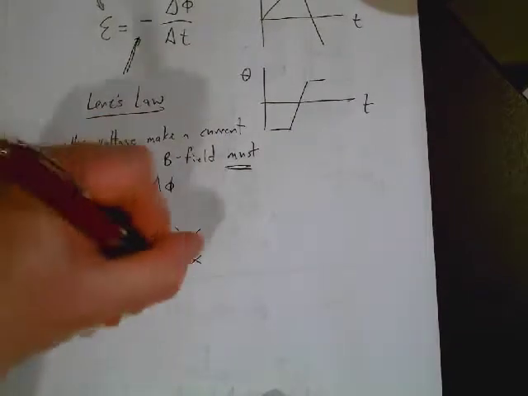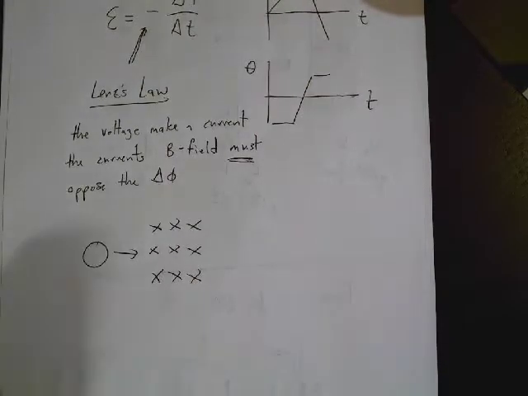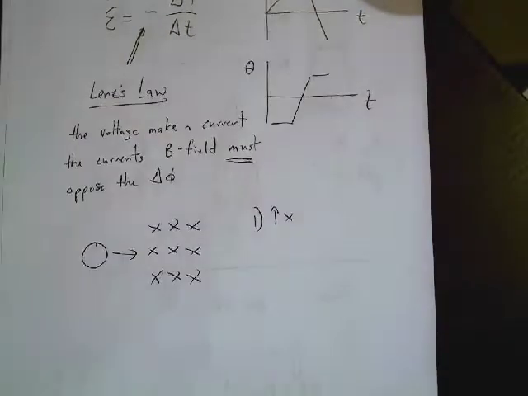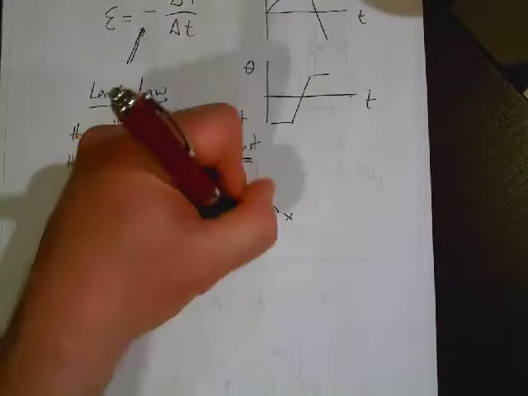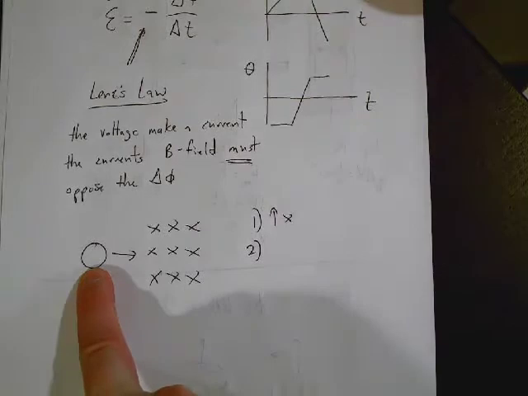And then this is where we did those questions like, hey, I have a loop, and this loop is going to move into a magnetic field. And as it moves into the magnetic field, you're going to have an increase in X's.